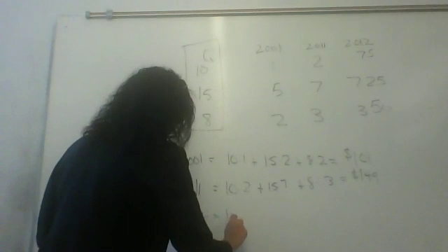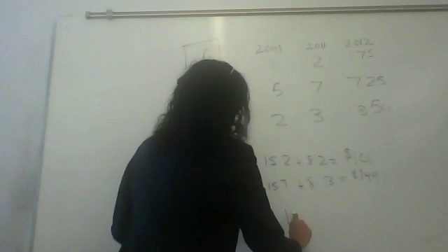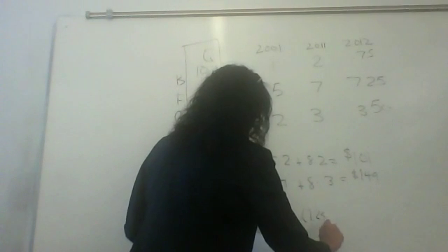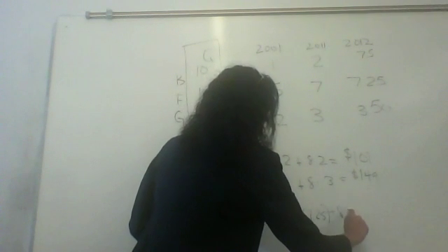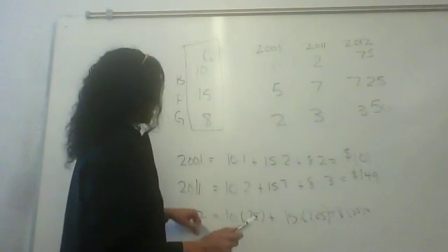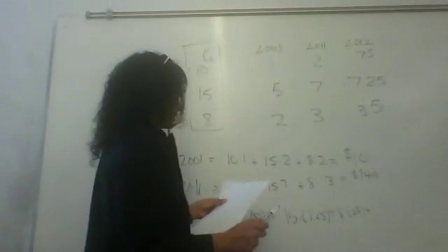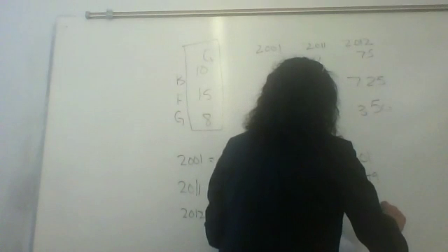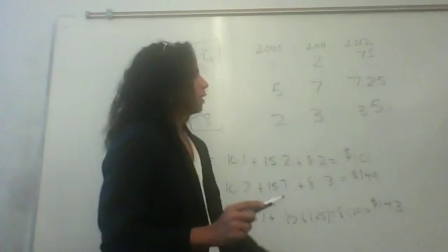So I have 10 times 0.75 plus 15 times 7.25 plus 8 times $3.50. And so to buy the same fixed basket of goods, 10 baseballs, 15 footballs, and 8 golf balls, in 2011 it was $149. In 2012, it's going to cost me $143, right?